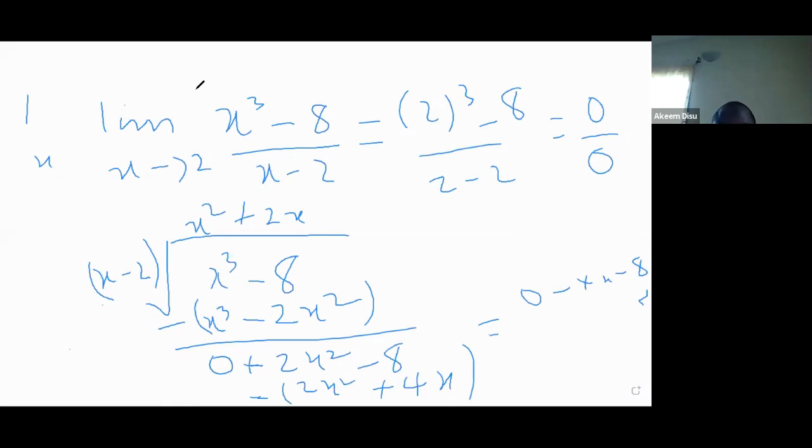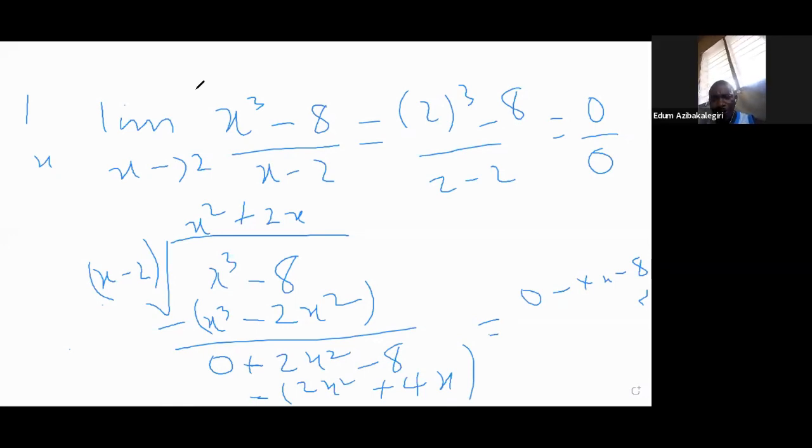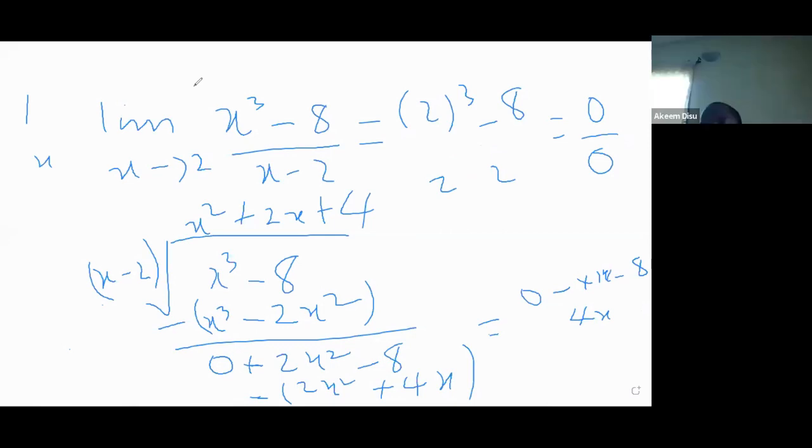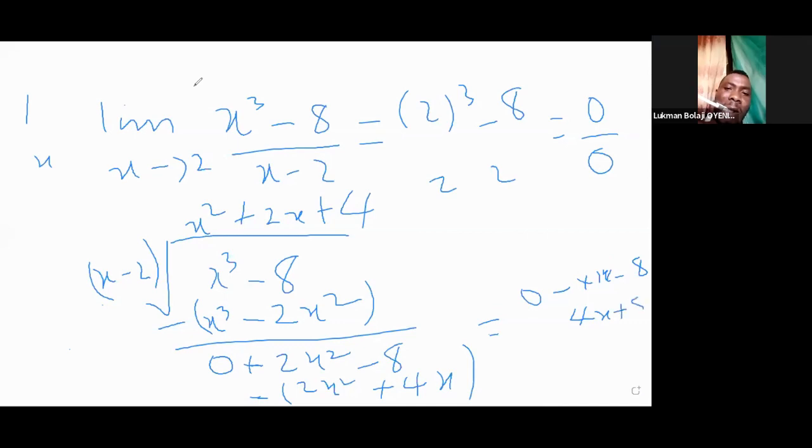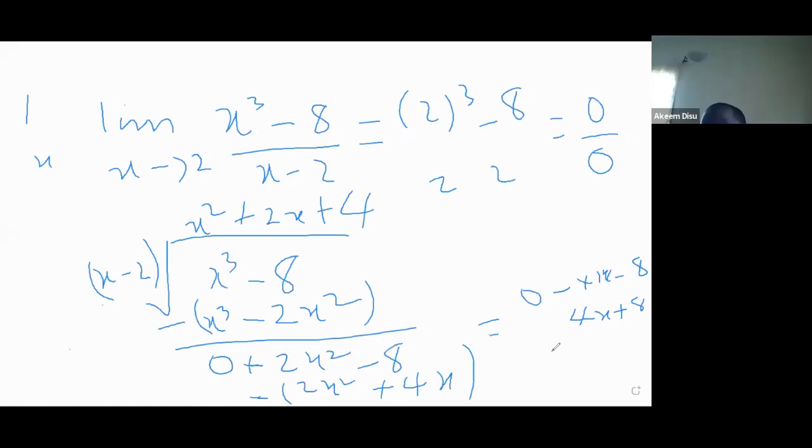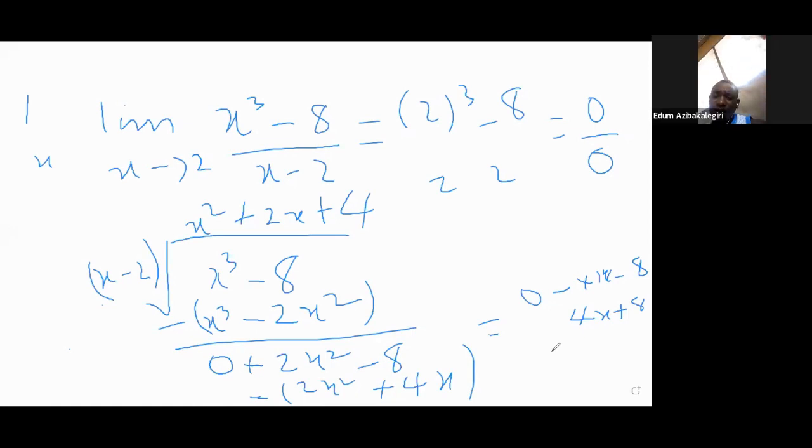To get this, we then multiply by 4. That will give you plus 8. Then we put minus here.